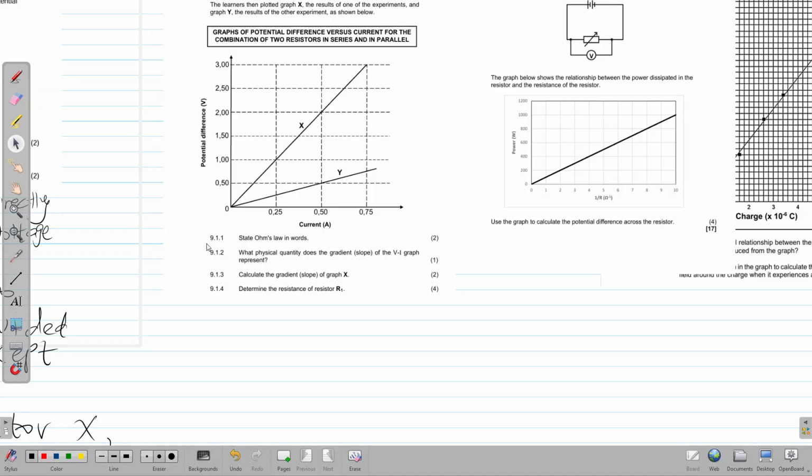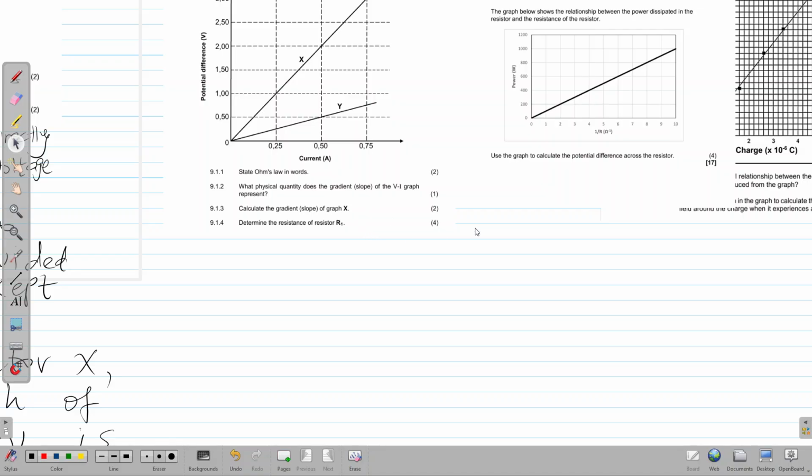And 9.1.1 we've already answered in the previous question. Ohm's law: current is directly proportional to voltage and is inversely proportional to resistance at constant temperature.